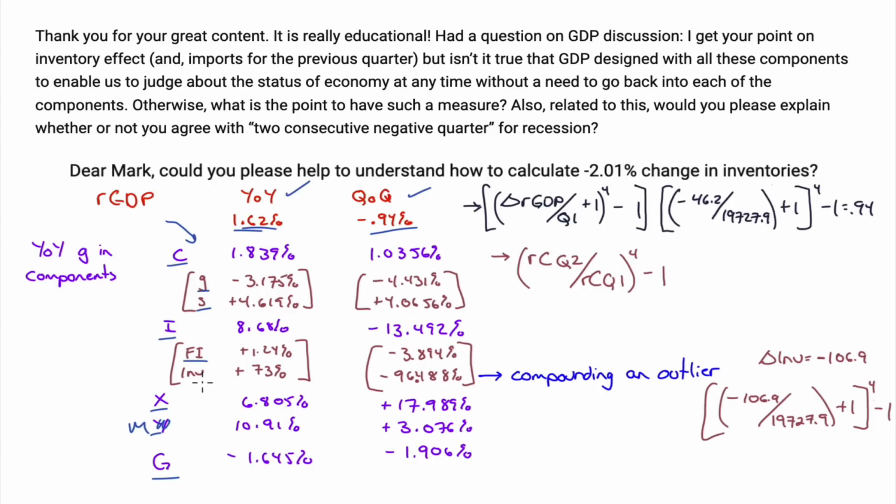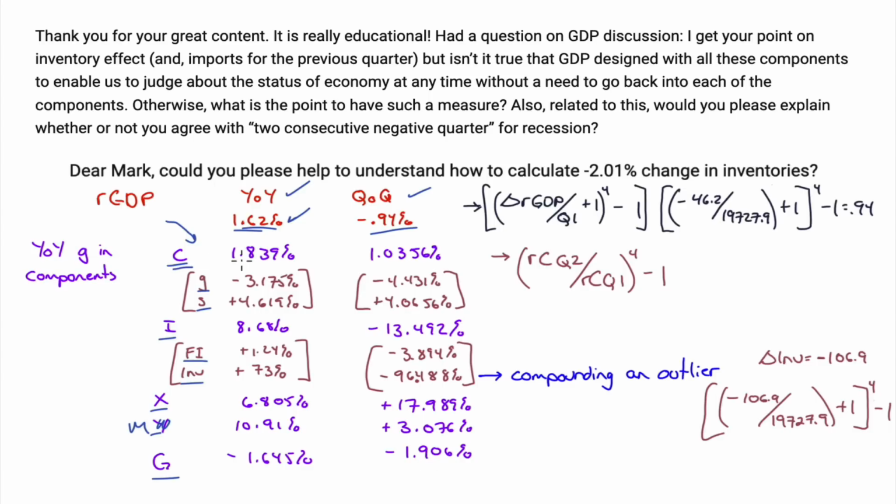Investment, I'm breaking down into fixed investment and change in inventories. And all I'm doing here for C is looking at C year over year and C quarter over quarter. So I'm looking at the growth rate in the component as opposed to trying to figure out where this 1.62 came from. So don't think these columns add up.